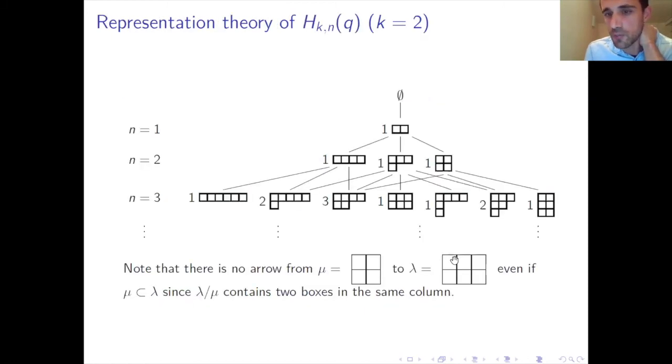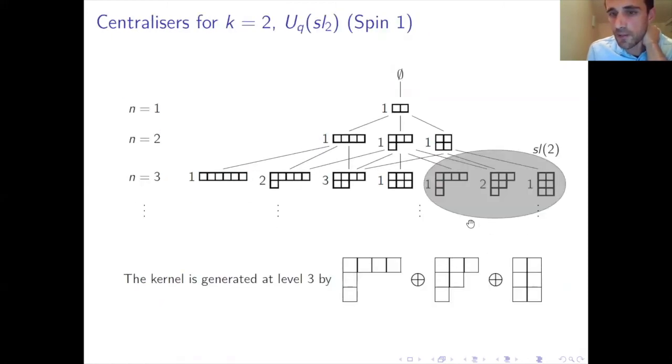But here it's much more difficult because, even in this simplest example, where K is 2 and the dimension is 2, the kernel is generated by 3 different representations. So it's clearly going to be much more difficult to identify a generator of this kernel.